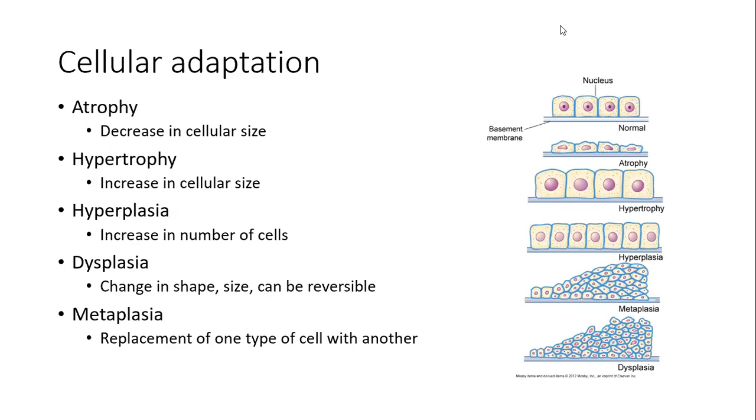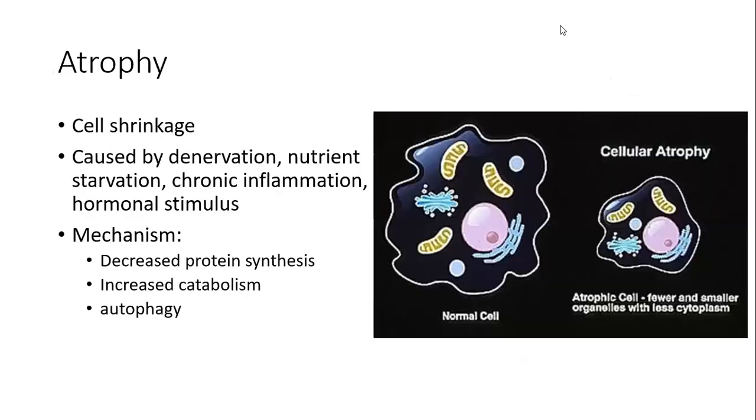Dysplasia is disorganized cell growth, and metaplasia, an example of that is when a person is a heavy smoker and the bronchial lining changes from one type of cell to another type of cell, which is less functional. So let's talk more about this.